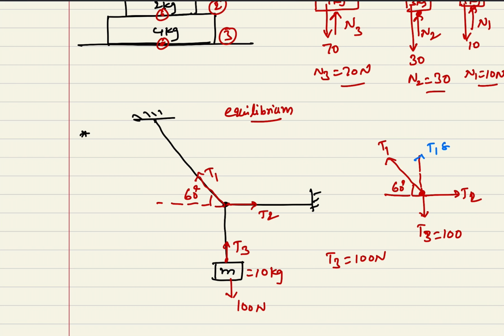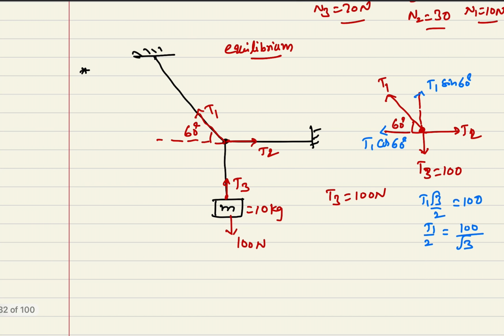You can see T1 into sine 60 degrees, T1 into cos 60 degrees. From this I can write T1 into root 3 by 2 is equal to 100. So T1 is equal to 200 divided by root 3 Newton.